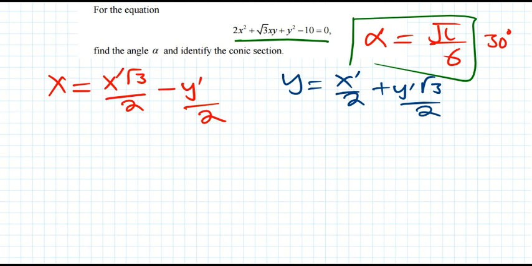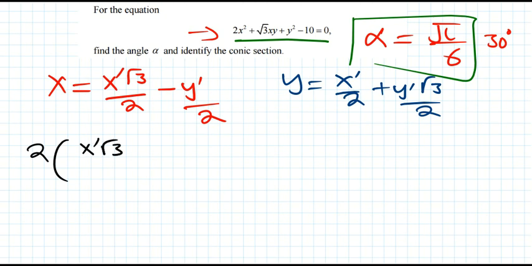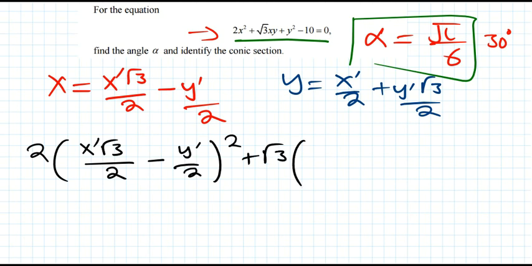Okay, so after this point, now what do we do? Now that we've expressed our x and y in the form of the new coordinates, we can substitute in the equation. So first of all, we have 2x squared. Our x is x prime root of 3 over 2 minus y prime over 2, and this is squared, plus root 3 multiplied by xy.